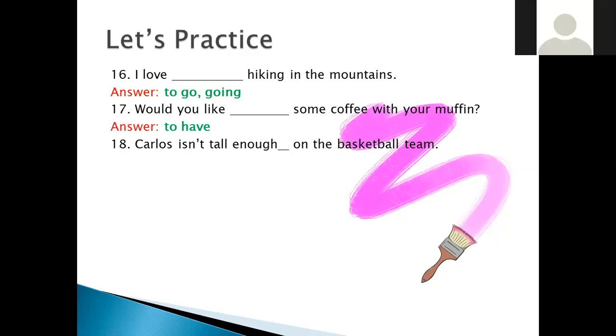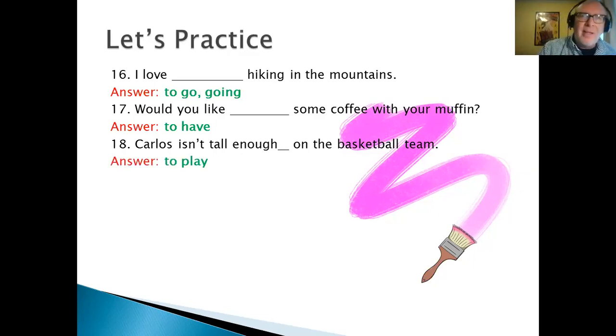Carlos isn't tall enough. Should we say play or to play? To play, right. He isn't tall enough to play on the basketball team. Again, enough with infinitive. He isn't tall enough to play on the basketball team. Very good. Okay.